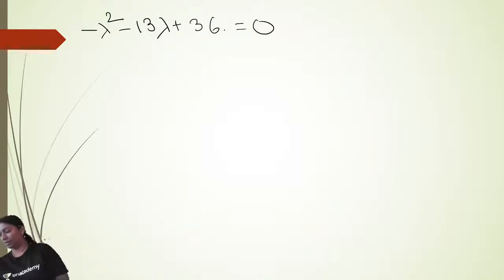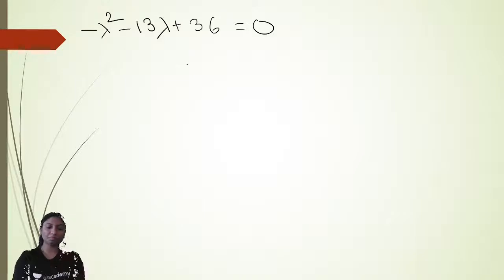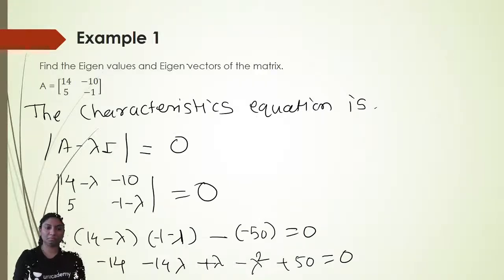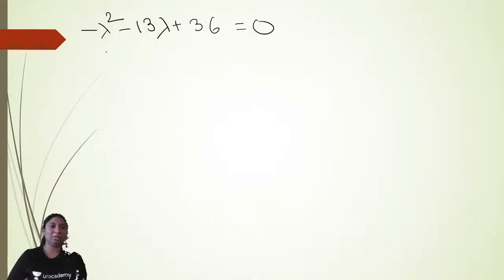So you will get lambda square minus 13 lambda plus 36 is equal to 0.